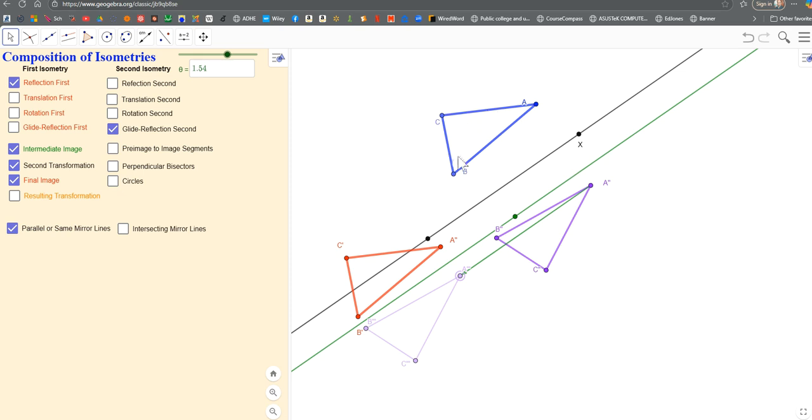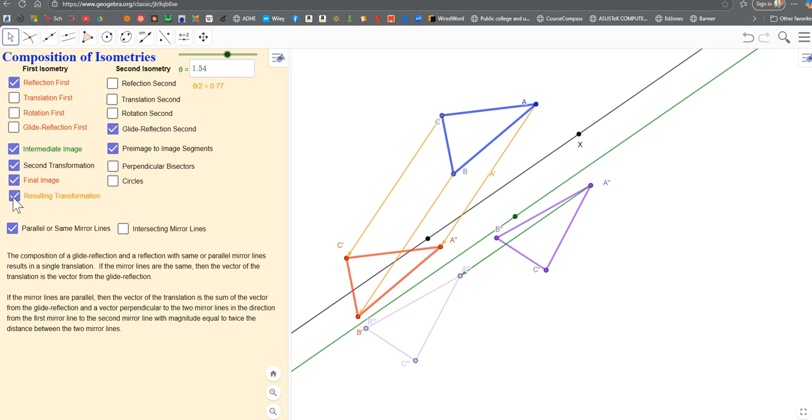So the output of the first reflection is here. And then there's a two-step to get the glide reflection. You slide along this vector, and then you flip it over or mirror image it over this line, and you get the final image there. So again, that's going to be a translation.